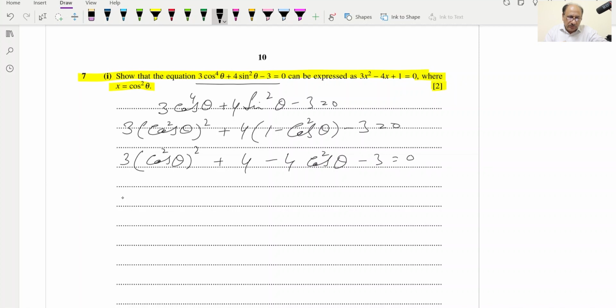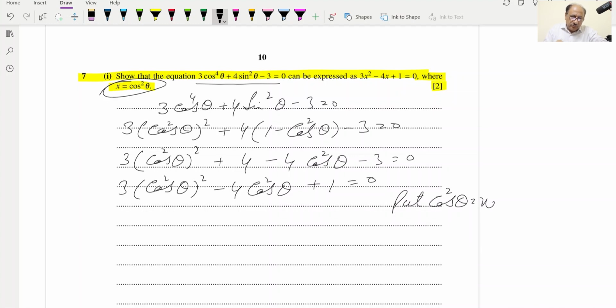So we can rewrite this as 3 (cos square theta) square minus 4 cos square theta, and 4 minus 3 will be plus 1, equal to 0. Now we can put cos square theta equal to x, since they are saying x is equal to cos square theta.